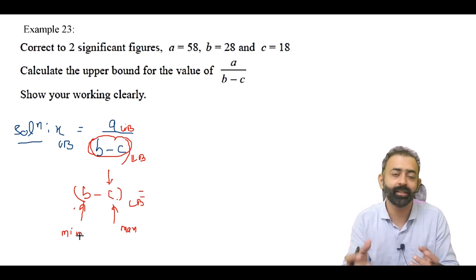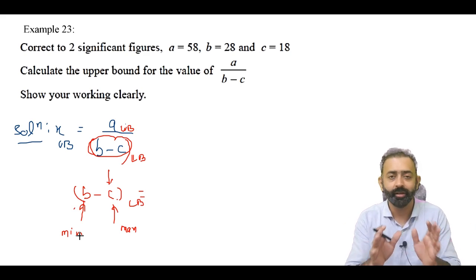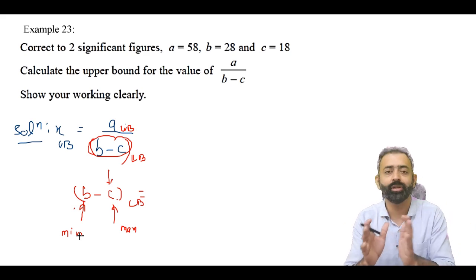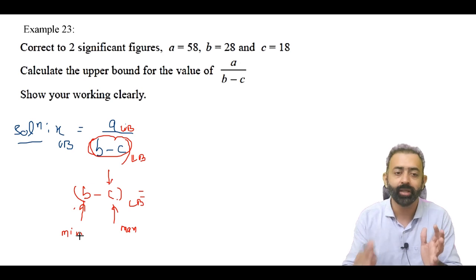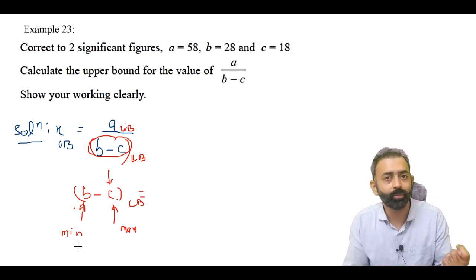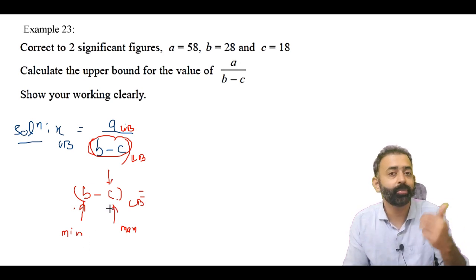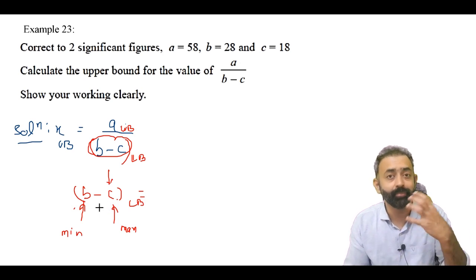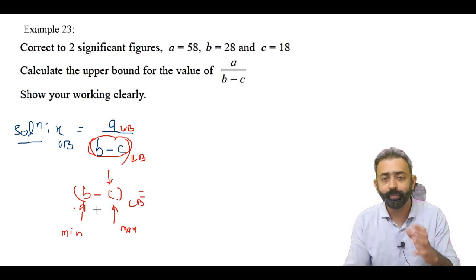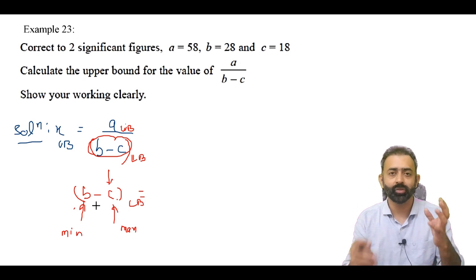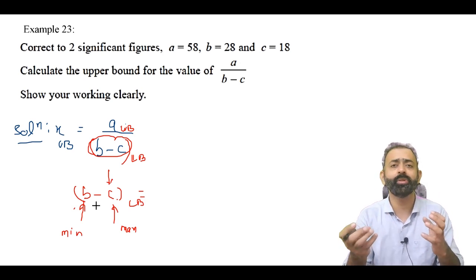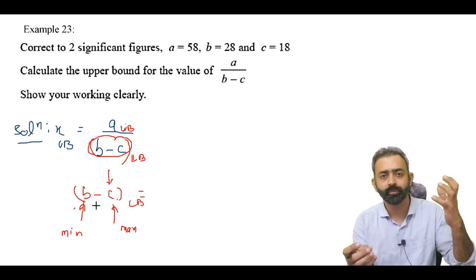Had it been less than C, it would become negative. I'm not saying that. Within their respective bounds, B has to be the lower bound and C has to be the upper bound to get the difference as minimum. If I have to maximize B minus C, the logic is the minimum should be subtracted from the maximum.